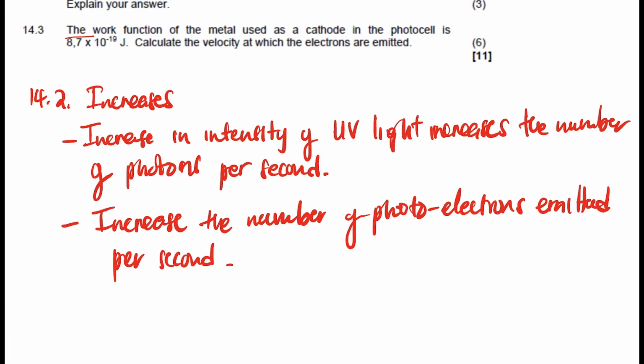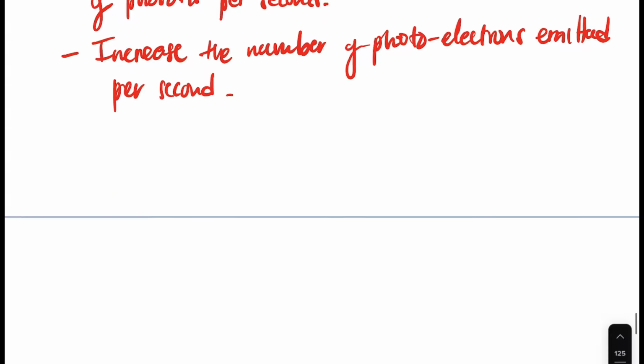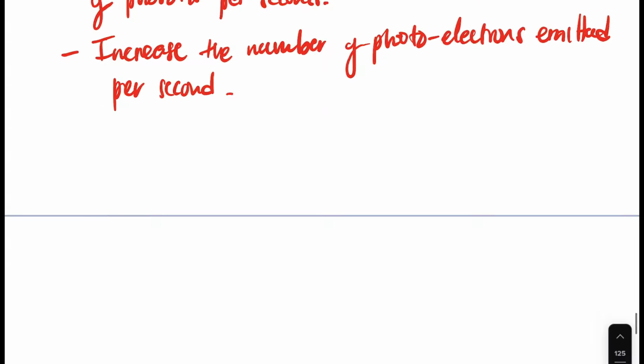14.3 says the work function of the metal used as a cathode in the photocell is given. Calculate the velocity, which is Vmax, at which the electrons are emitted, right? So in 14.3 we are looking for Vmax.